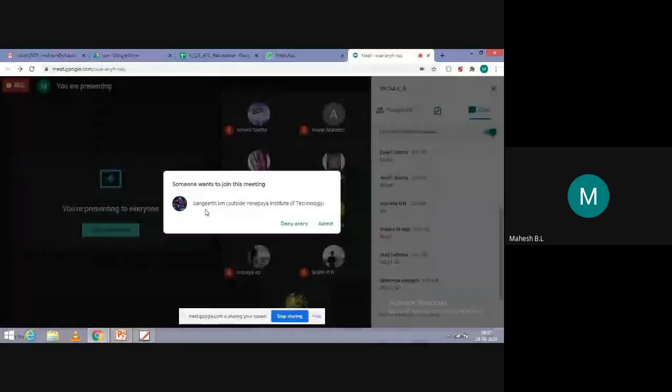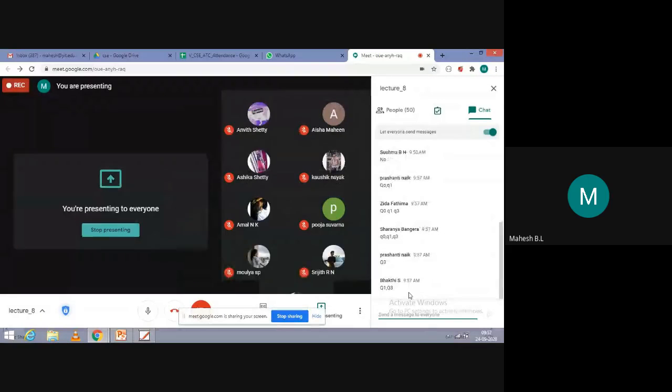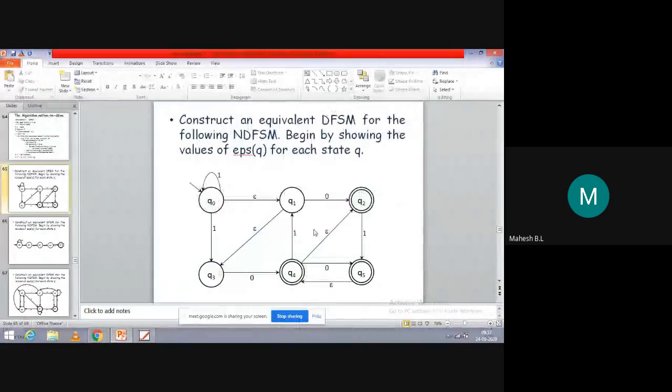So we need to compute epsilon of Q naught. It is Q naught, Q1, Q3. Many have given the answer. Epsilon of Q naught must include Q naught. Then from Q naught you can reach Q1 using the epsilon transition, so Q1 should be included. From Q1 you can reach Q3, so Q3 should also be included.